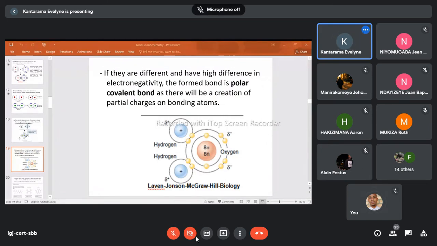Now, let's see hydrogen bonds. Hydrogen bonds are attraction forces between polar molecules with high difference in electronegativity. Hydrogen bonds can be formed between hydrogen and oxygen, nitrogen and fluorine. Now, look at here.